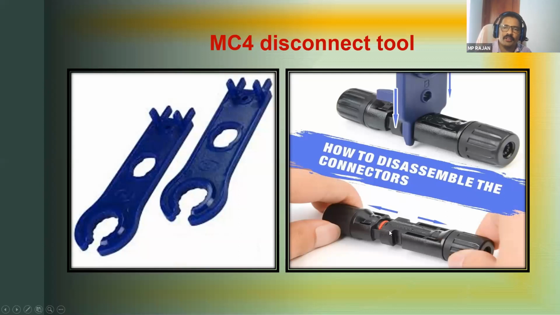This is the MC4 disconnecting tool, used to disconnect it. But once you have crimped the male or female part to the end of a cable, that is a permanent connection, and you cannot reuse it or remove it. So it gives all the protection.